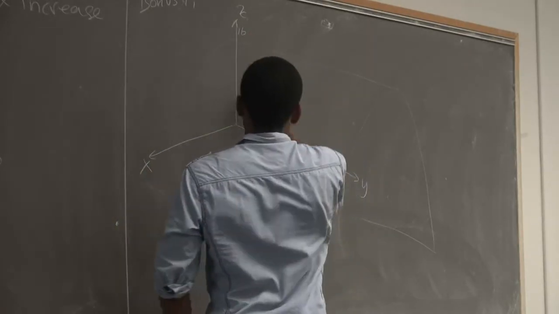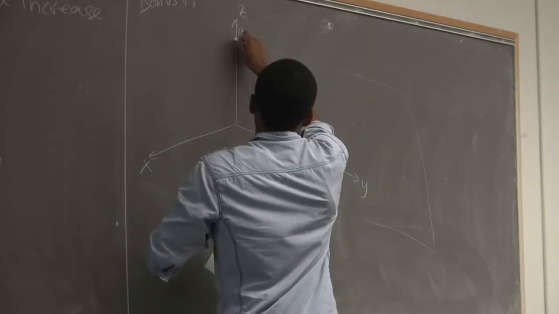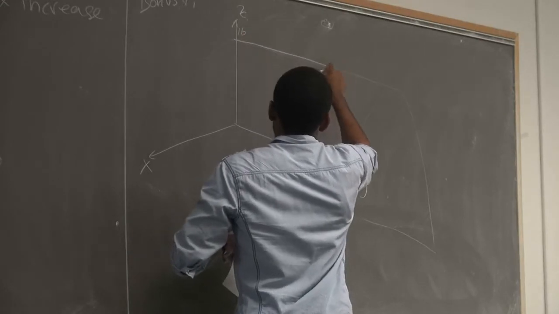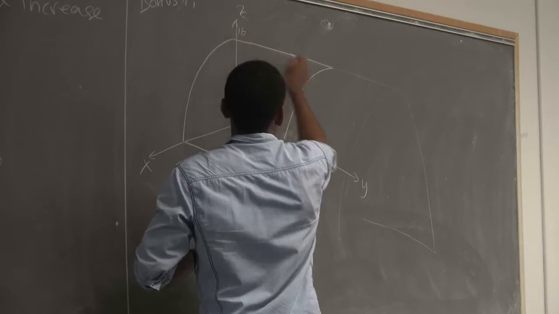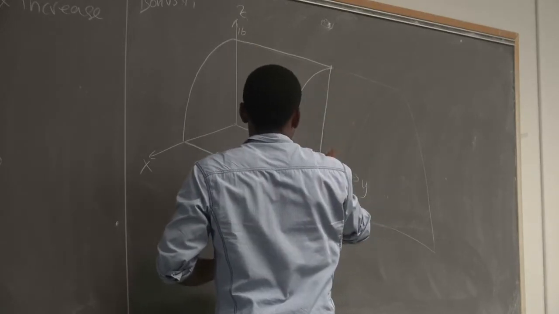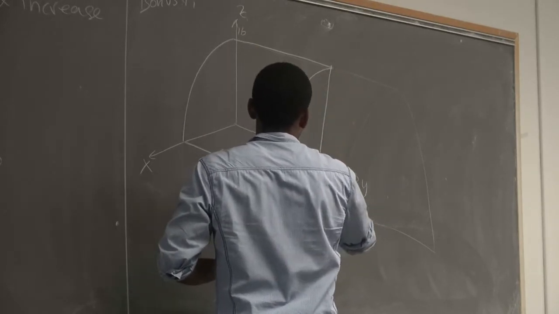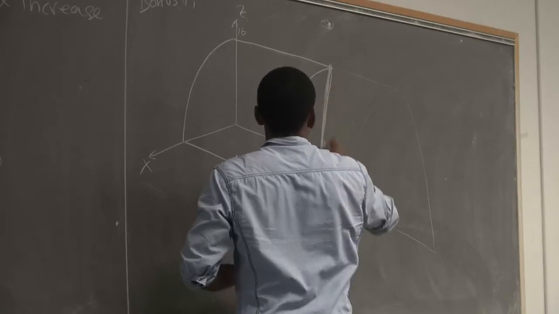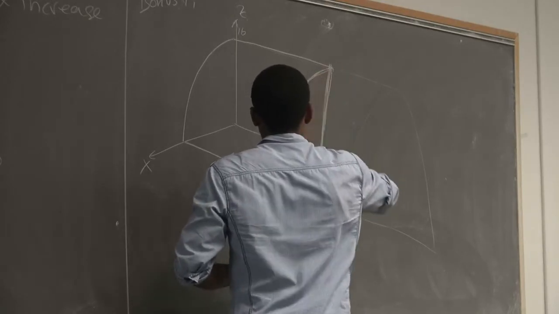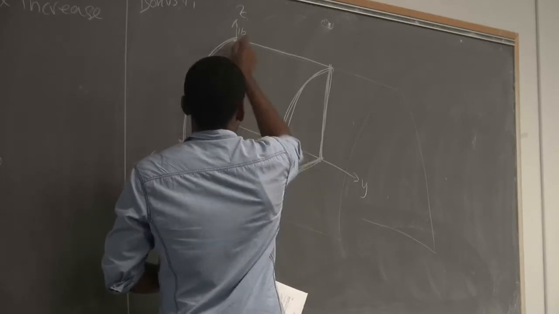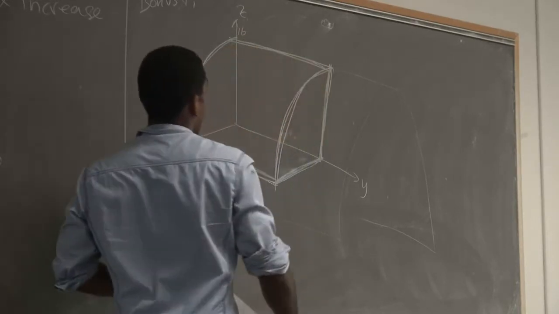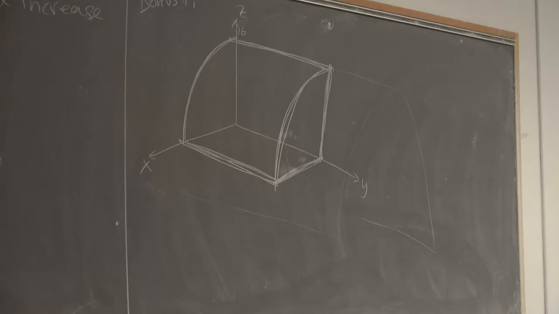So you only want the part in the first octant, where everything's non-negative. So you're taking a solid that looks like this. Now I want the volume of that thing.